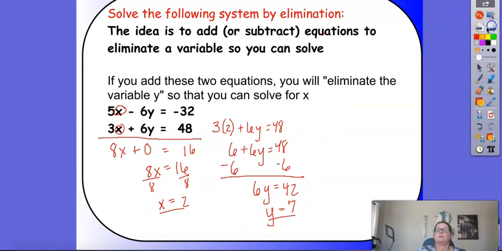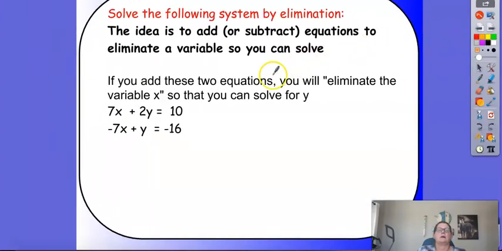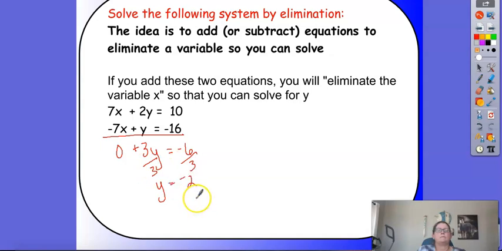Okay, here's another example. I have two equations here. If I just add them together, look, I just add them together, then when I add those together, that becomes a 0. That's a -6. Okay, now I'm going to divide by 3, divide by 3, -2.